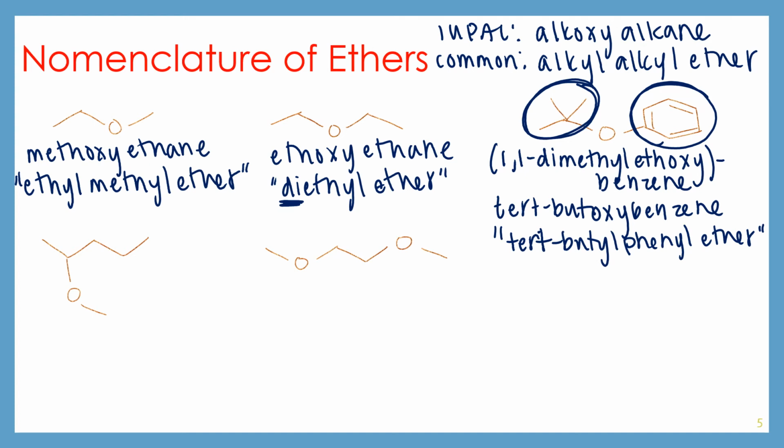Okay, fortunately the rest of these are pretty straightforward. So the next one down, it's pretty obvious which chain is the longest, and then we have a methoxy substituent. So the easiest name for this is the IUPAC name, I think. So this is 2-methoxypentane.